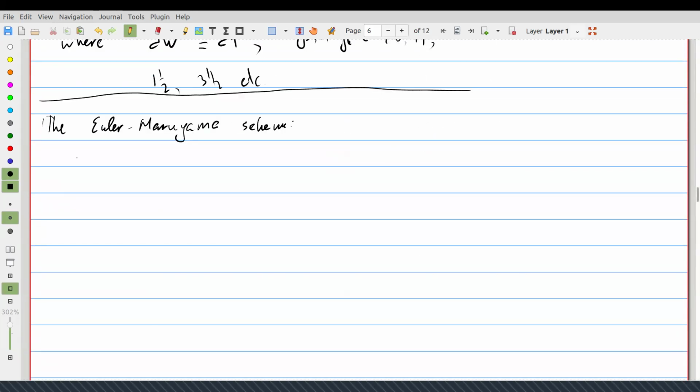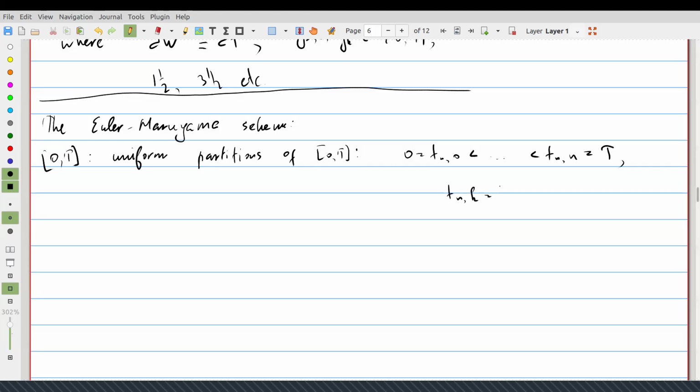So to formulate it, let us introduce that everything happens on this interval, and we will introduce uniform partitions of 0, T, so 0 equals t_0 less than ... less than t_N equals T, and t_k is just k divided by N of capital T, for all k.